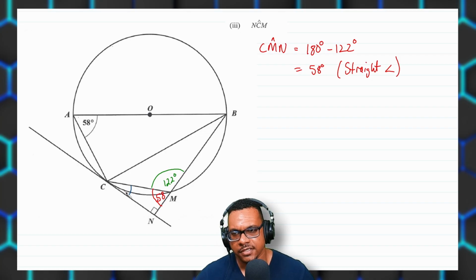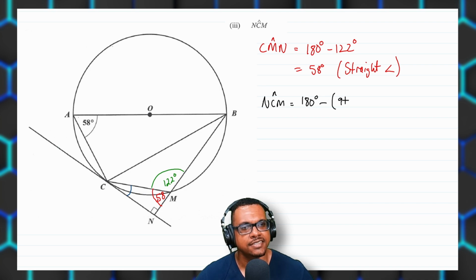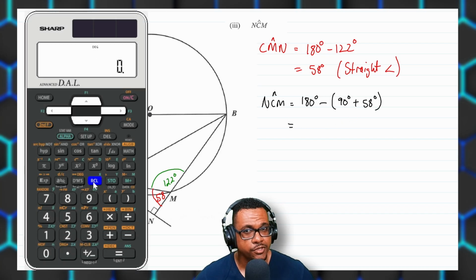So now we could see 3 angles in this triangle. Only one angle is missing, so the sum of the three interior angles must add up to 180 degrees. So now angle NCM is equal to 180 degrees take away the 90 plus the 58. And we can work that out on the calculator.